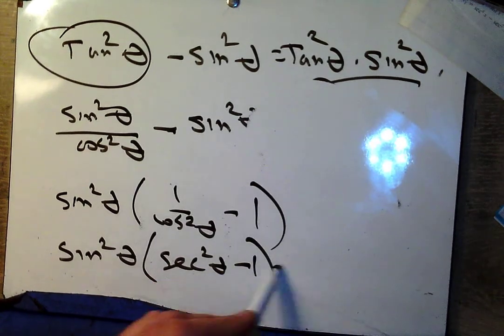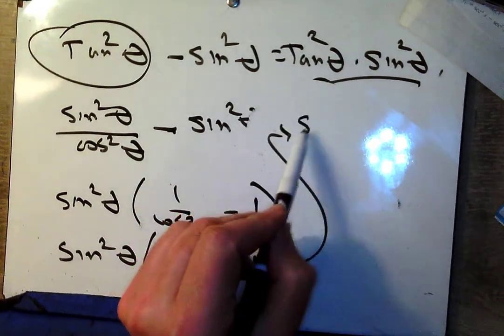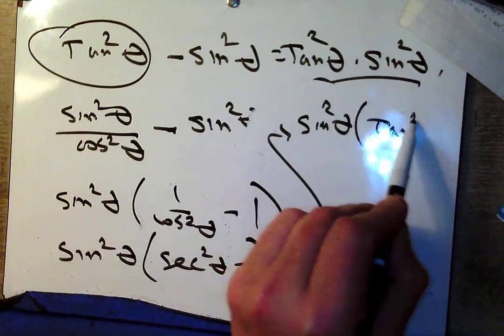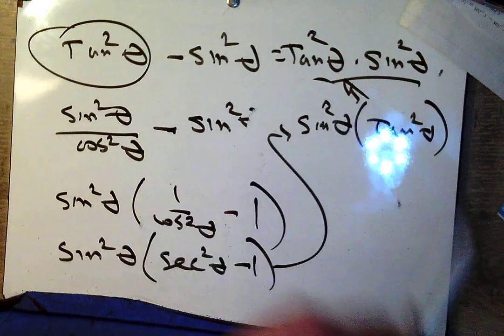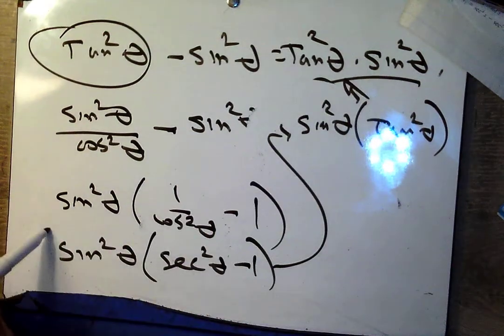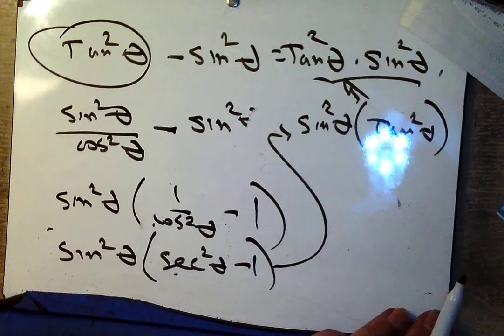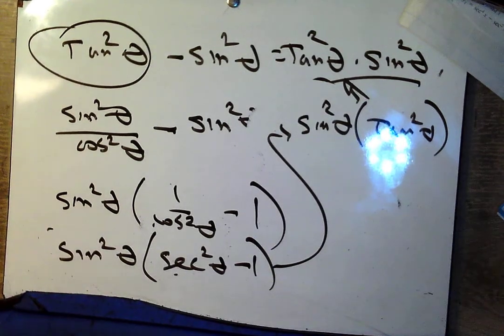Secant squared minus 1. Secant squared minus 1 is one of my Pythagorean identities. It's tangent squared. I factored. I used an identity. I used another identity. I know my identities.